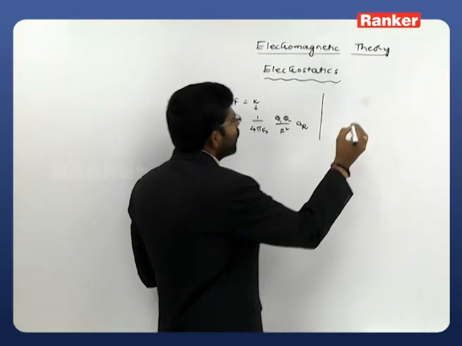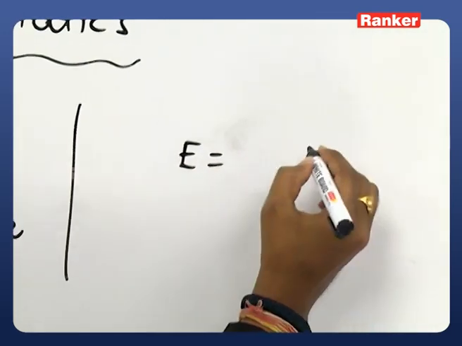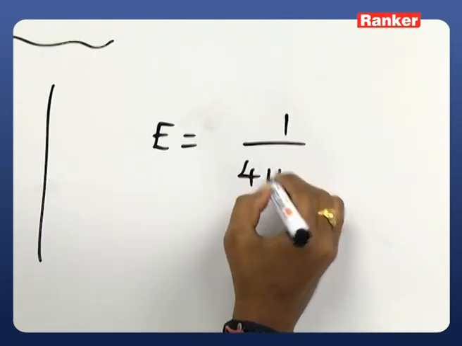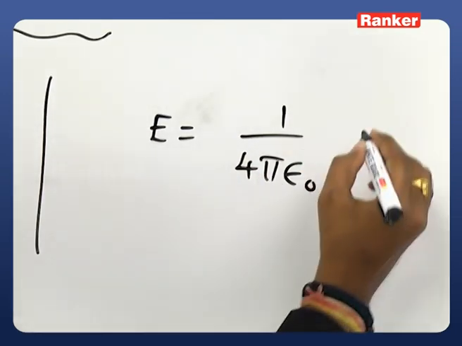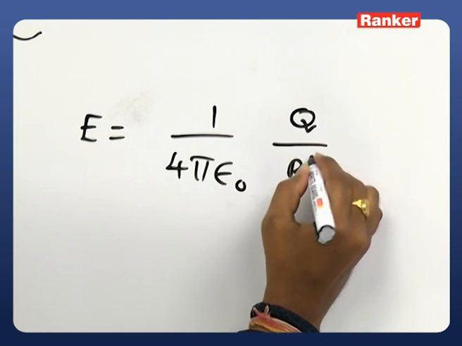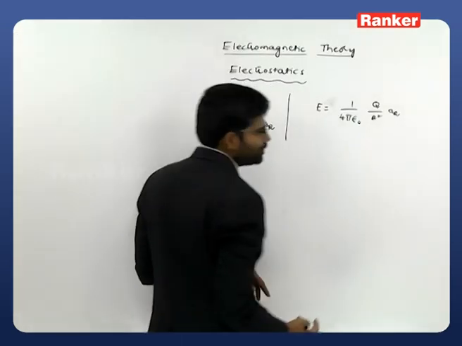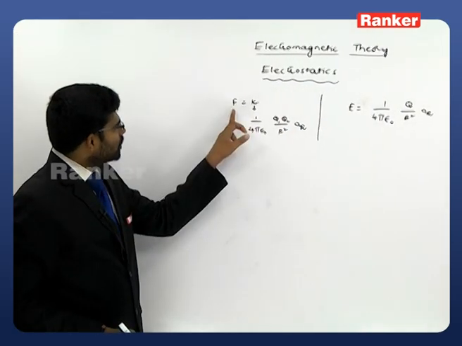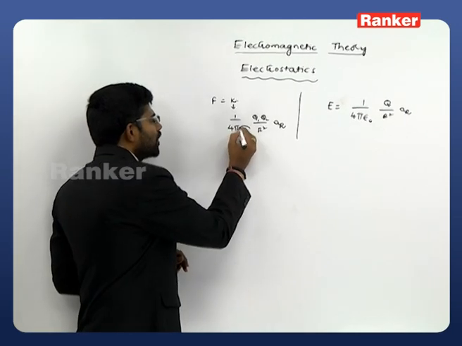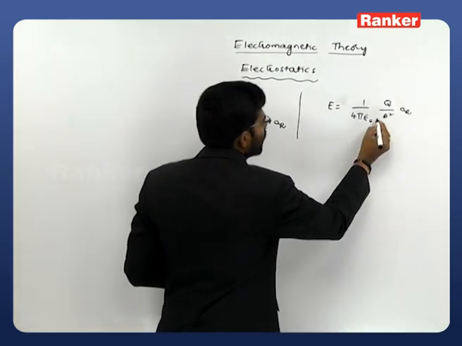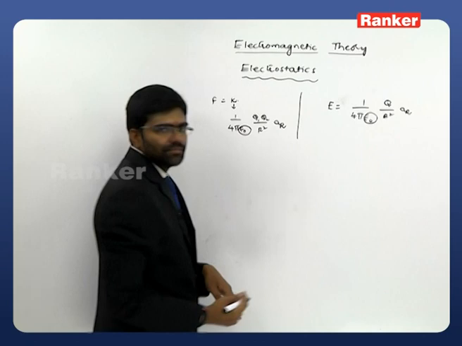Now in the same way, what is the equation of electric field intensity? E is equal to the same equation, 1 by 4 pi epsilon naught for free space, q by r square a r. If we observe these two equations, we have a parameter called permittivity or dielectric constant of the medium, right?